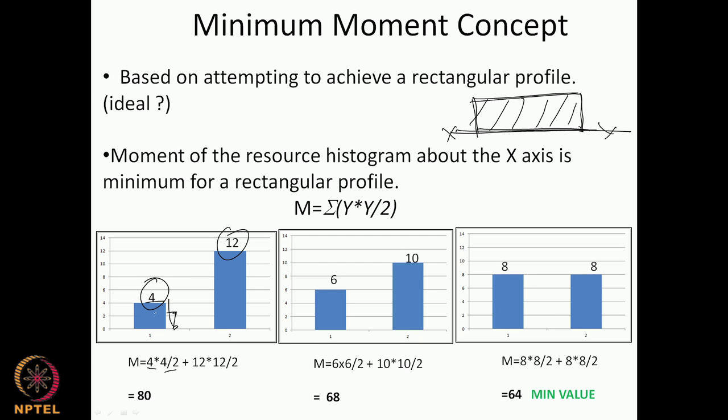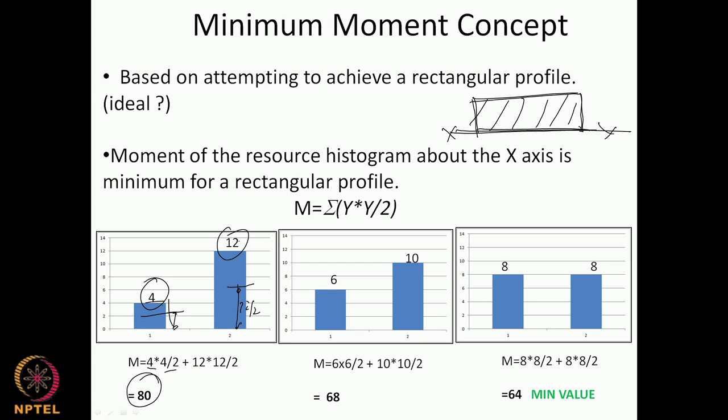This is the moment of this rectangle. Similarly, the moment of the other rectangle is 12 times 12 by 2. If I sum this up, I get the moment of this histogram, which is 80.